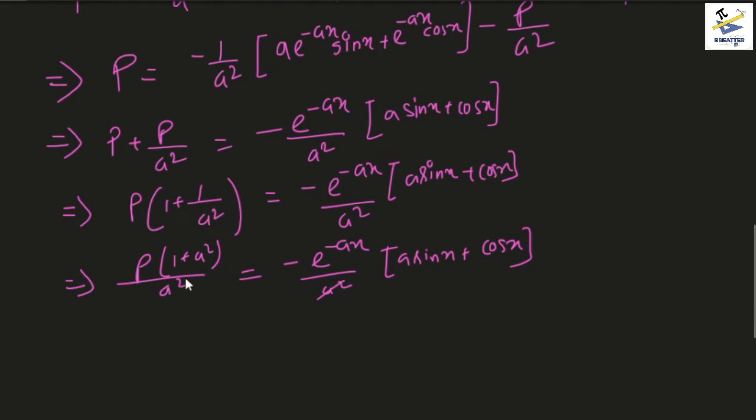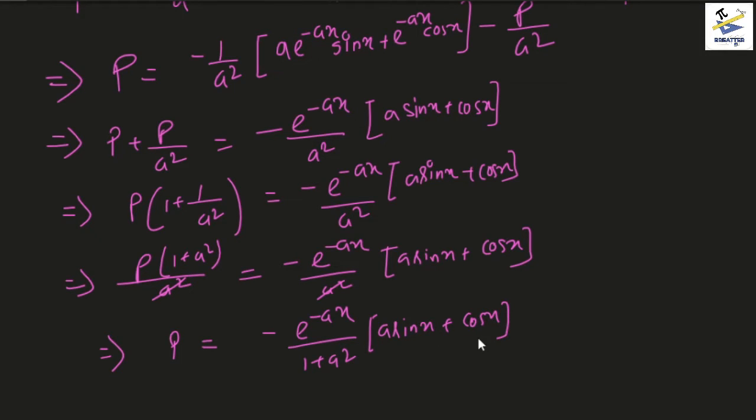The a squares cancel off, and we get p equals to minus e to the power minus ax by 1 plus a square whole into a sin x plus cos x, right?